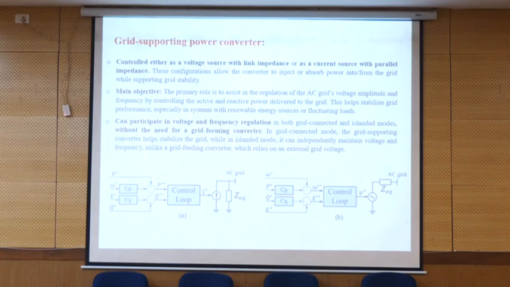Because we have this Clarke transformation which is based on theta, and this theta is coming from the grid. So when you get the grid theta, it means that you control the converter based on the theta from the grid. So anything that happens in the grid, you can see in the control loop of the converter. Then the converter can react based on the situation of the grid. This is the reason.